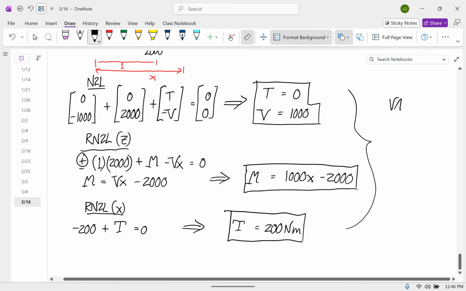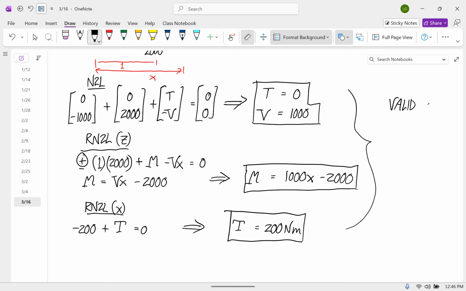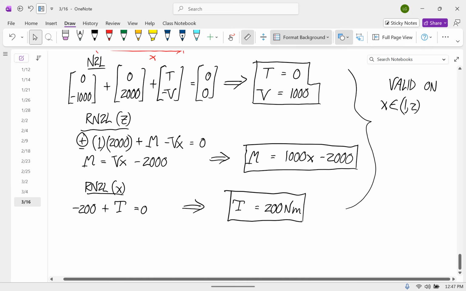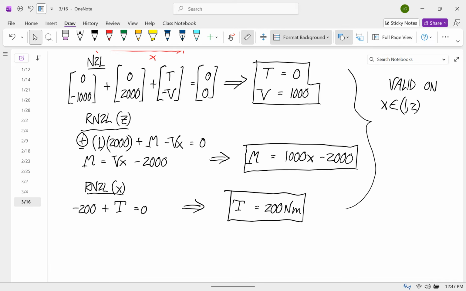And these are valid on the interval x between 1 and 2. So now we have this piecewise function that follows one function for x between 0 and 1, follows another function for x between 1 and 2, and you could plot that out or whatever. Okay, any questions about that?